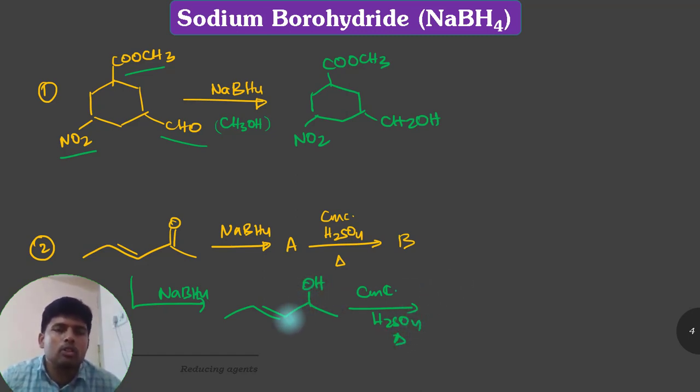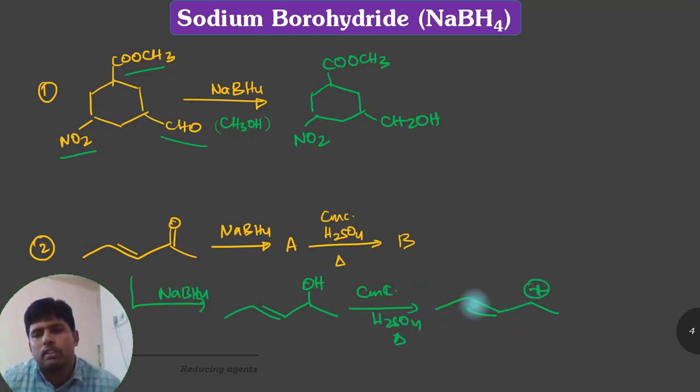So it's an allylic alcohol, I mean, there is a possibility of conjugation for the carbocation formed here. So this is going to be the carbocation intermediate. Now there are two possible cases.